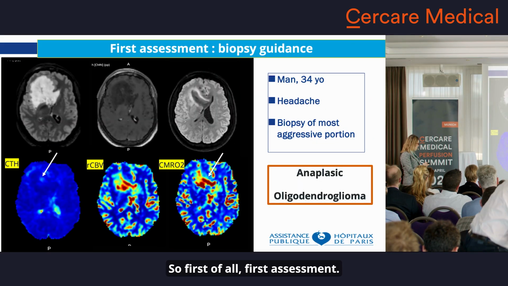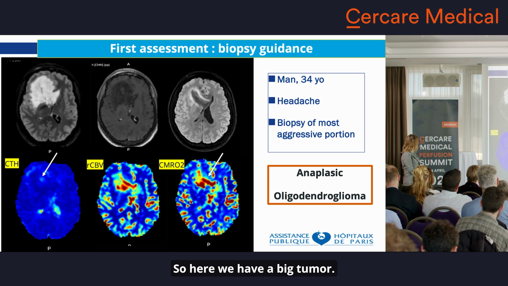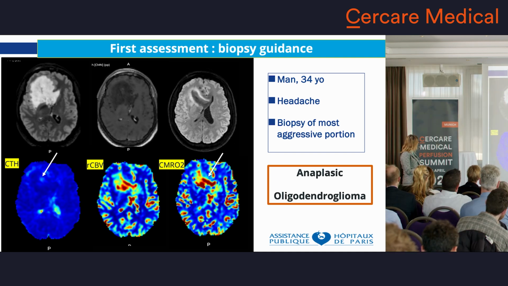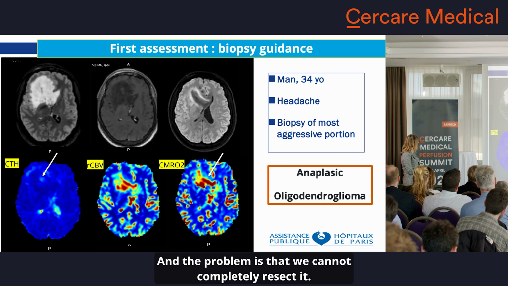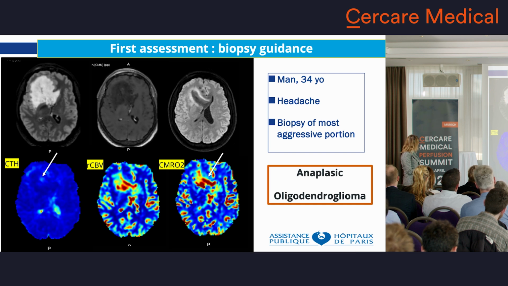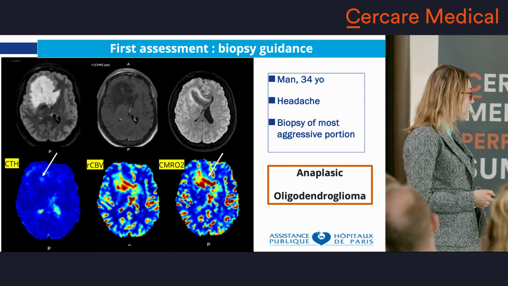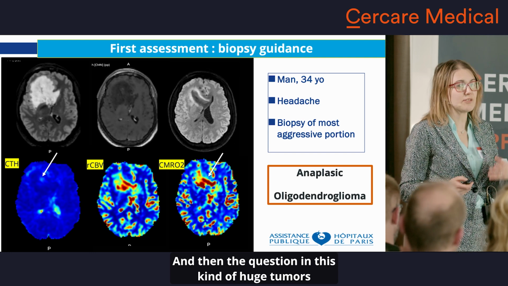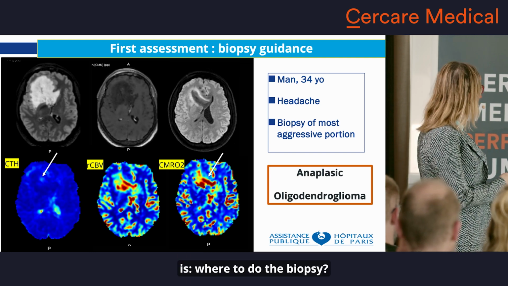So first of all, first assessment. Okay, so here we have a big tumor, there is no doubt. And the problem is that we cannot completely resect it. So we have to do the biopsy. And then the question in this kind of huge tumors is where to do the biopsy.